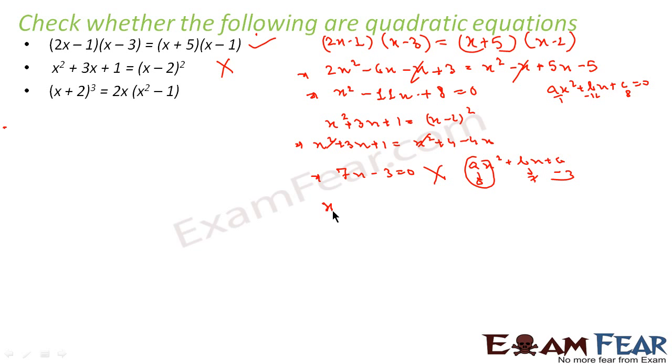x plus 2 whole cube is equal to 2x into x square minus 1. Going by this equation, let's solve this. x plus 2 whole cube is nothing but x cube plus 2 cube plus 3 into x into 2 into x plus 2. The formula is a cube plus b cube plus 3ab into a plus b, where a is x and b is 2.